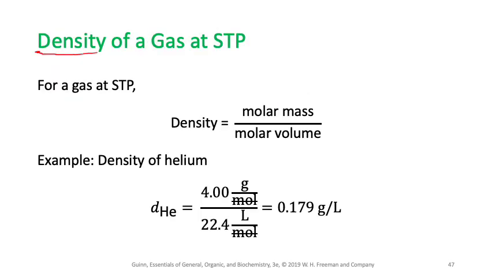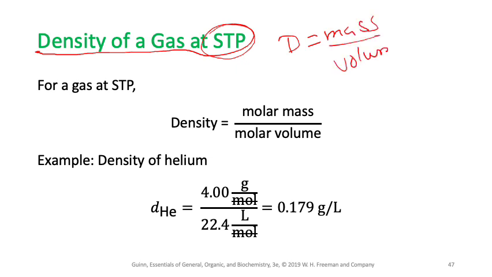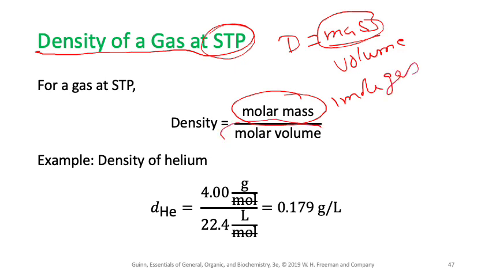So now that we did the molar volume, we can also calculate the density of the gas at STP condition, and we know density is mass over volume. But instead of just mass, if I take the molar mass, this is the mass of 1 mole of a gas, and divide by the molar volume, this is the volume of 1 mole of a gas, then we can get the density of the gas at STP.